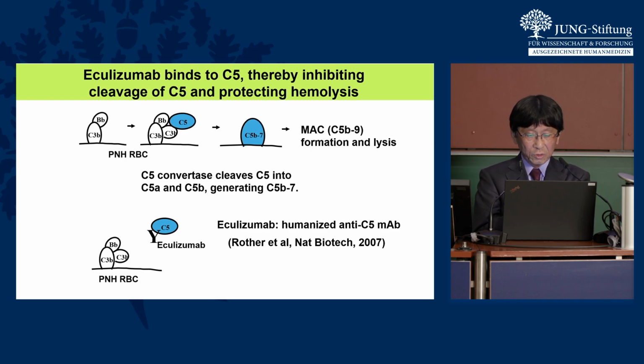When eculizumab is bound to the C5 protein, even on the PNH cell surface where C5 convertase is generated, the C5 cannot be cleaved by the C5 convertase. In that way, eculizumab very efficiently stops the intravascular hemolysis and improves the patient's quality of life a lot. So PNH is somehow under control now.